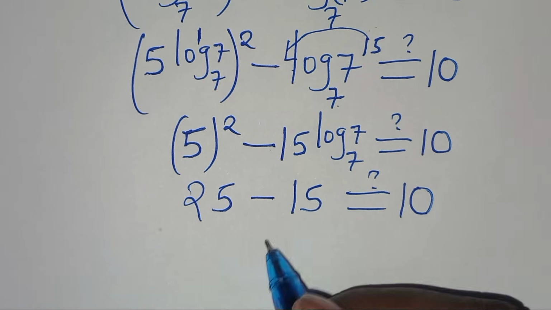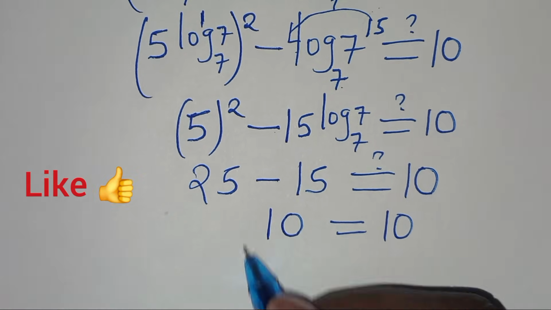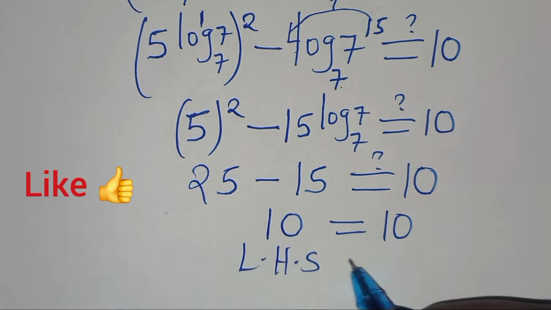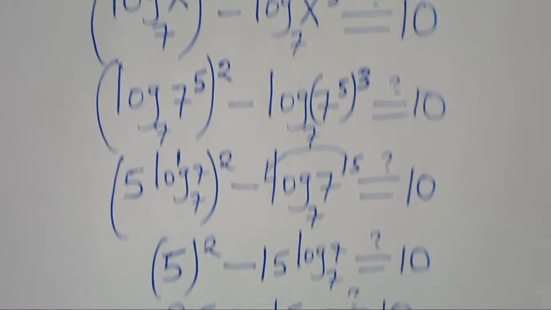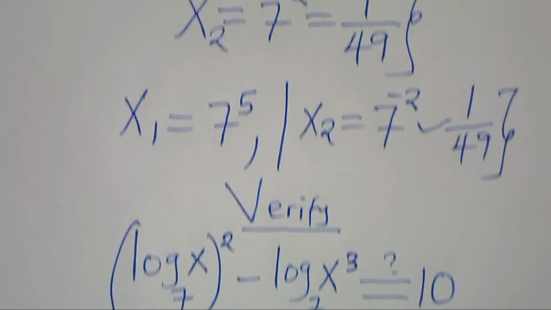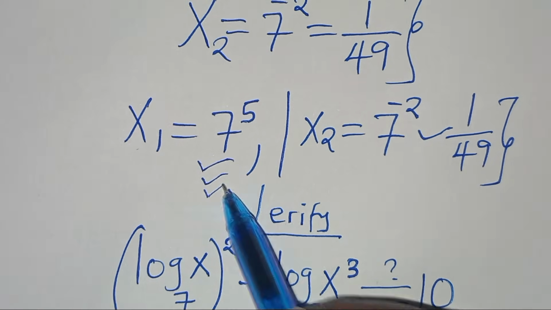So 25 minus 15 is equal to 10, which is equal to 10. So the left hand side is equal to the right hand side, and this proves that x1, which is 7 to the power of 5, satisfies the equation.